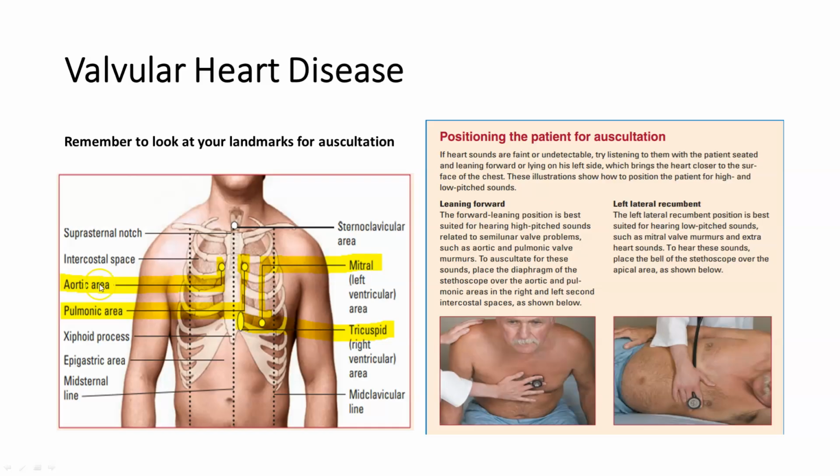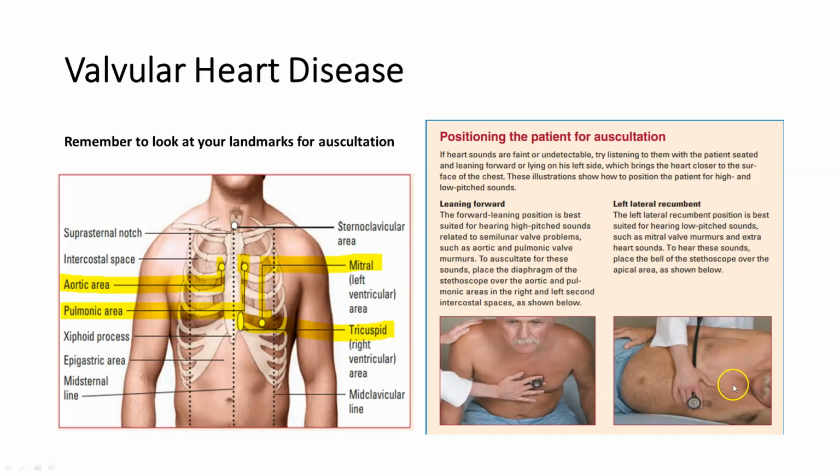So here we're reinforcing what we see as far as "all physicians take money." We're seeing our landmarks and where we should be placing our stethoscope. Notice here we're talking about a leaning forward position for the client or a left lateral recumbent, in which case, generally speaking, in the first image where she is leaning forward, she is using the diaphragm versus the left lateral recumbent, she is using the bell side of that.